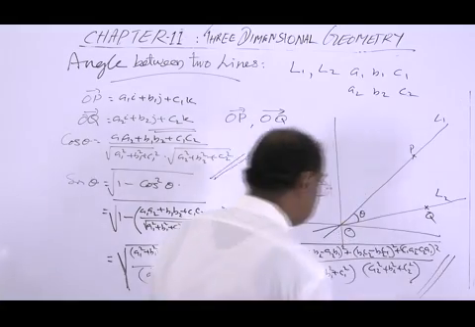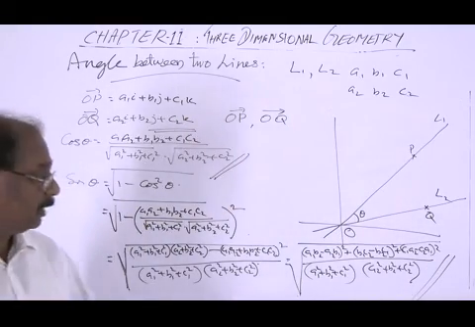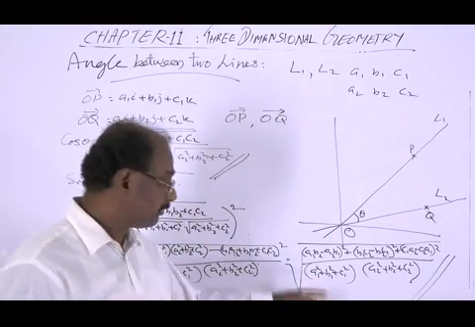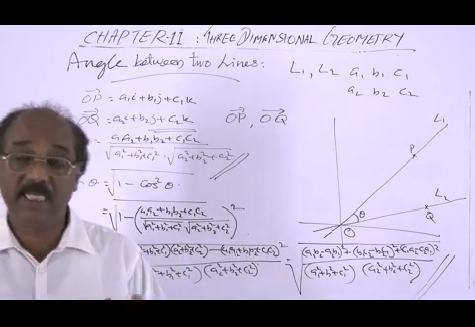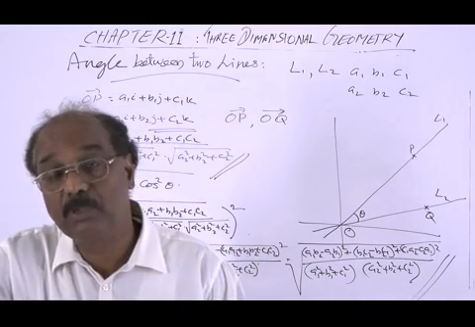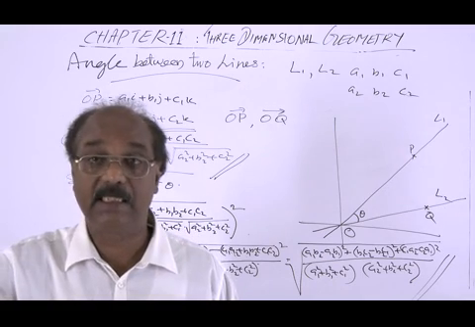So this is sin theta, and therefore theta is equal to sin inverse of this. Okay, so that is the angle between the two lines in terms of sin theta, and that's all.